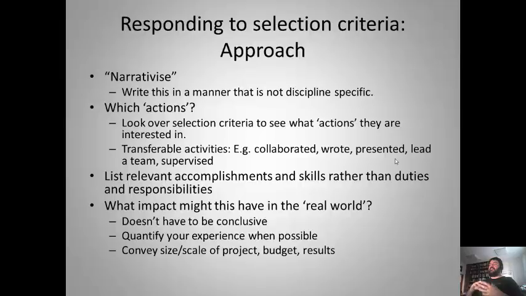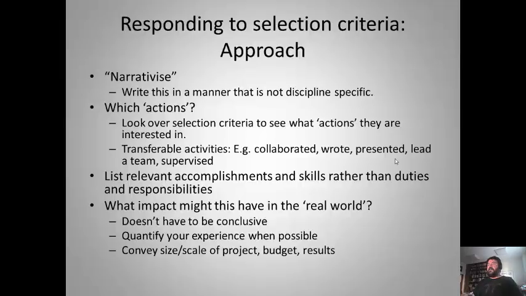And think of yourself as a person that has accomplishments and skills, rather than boring, didactic duties and responsibilities, right? So turn things around into positive things which you have now acquired as skills, rather than duties which are associated with the performance of a particular job or task.